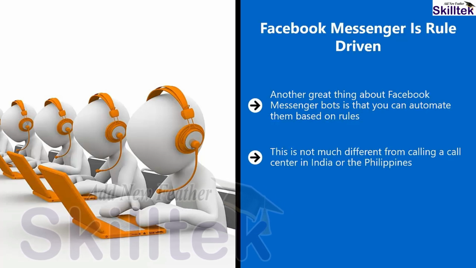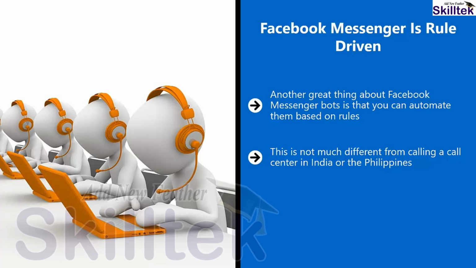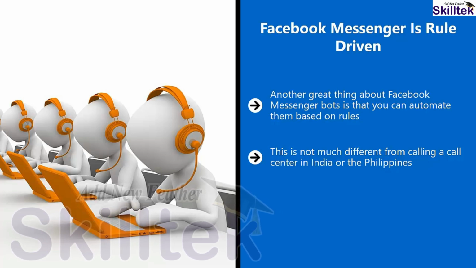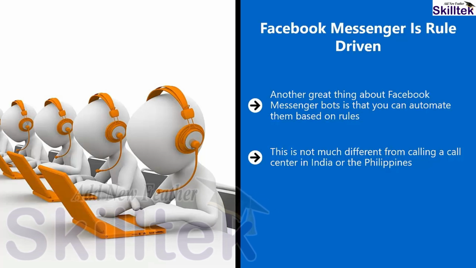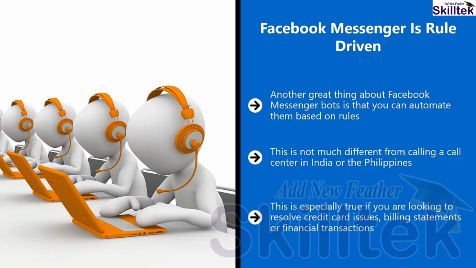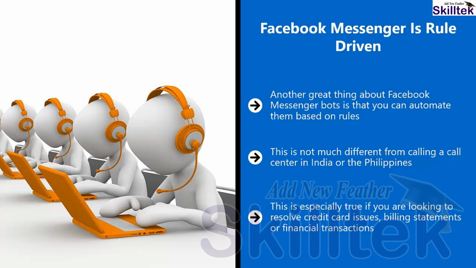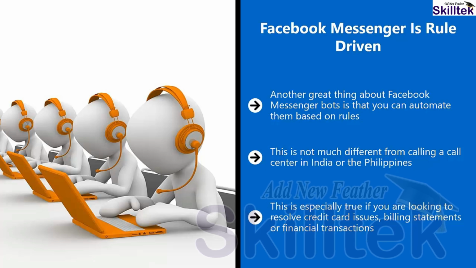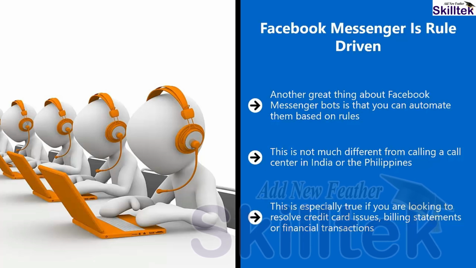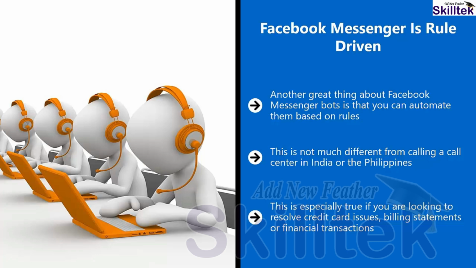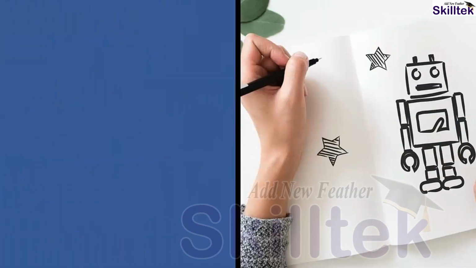When you call a call center, you are routed by an initial screening system, and depending on your question or inquiry, you are sent to other specialists. This is especially true if you're looking to resolve credit card issues, billing statements, or financial transactions. There is some sort of decision tree involved, and you can use a similar approach with your Facebook Messenger bot.